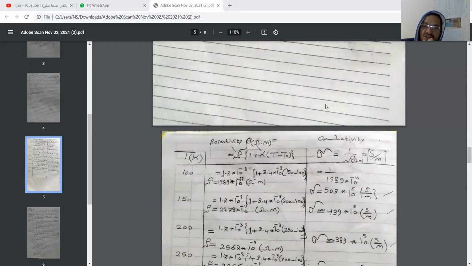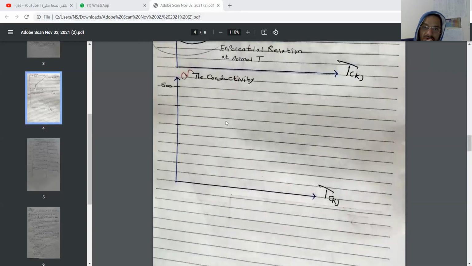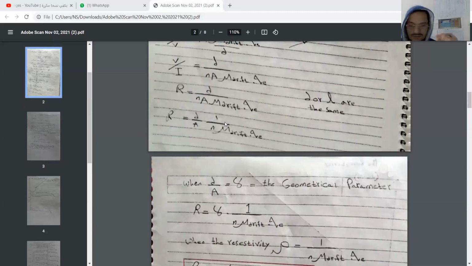The relation will be something like, not exponential, but not linear either, but maybe I forgot to take a picture of it. It will be like that.